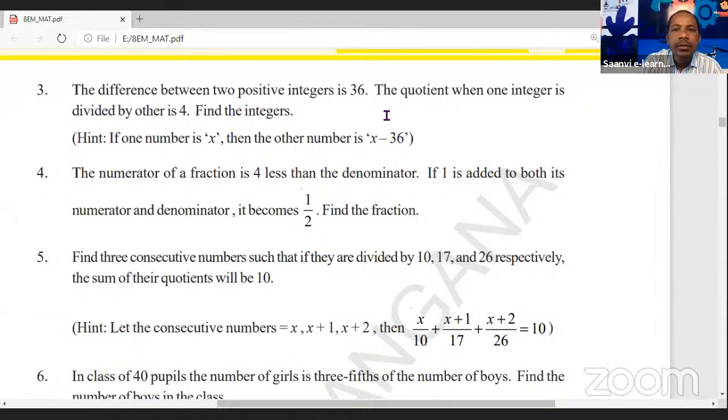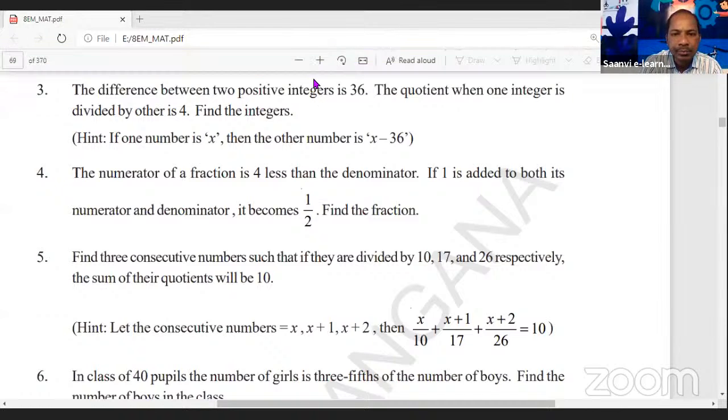And the second statement says the quotient when one integer is divided by the other is 4. Find the integers. So you use this given hint and we have to solve this problem. We have to find these two integers. Let us see how to solve them.